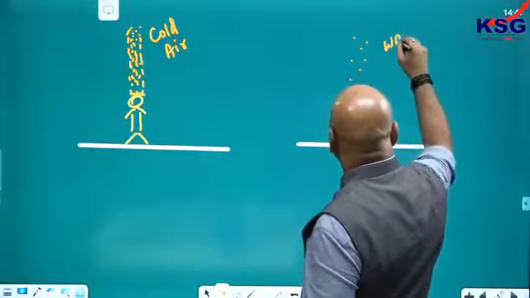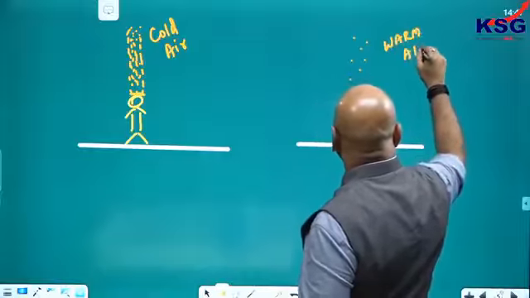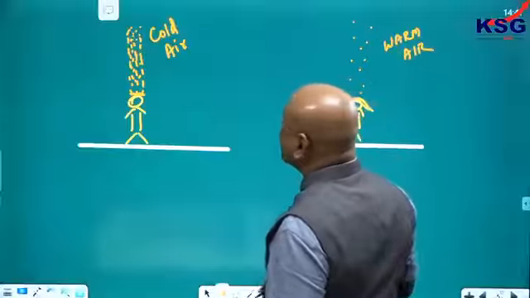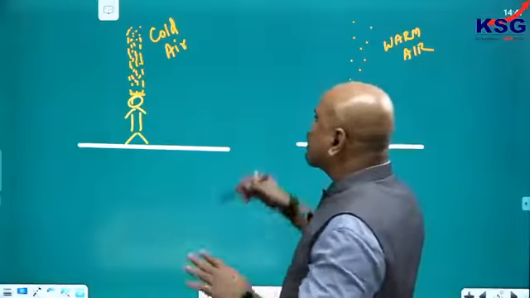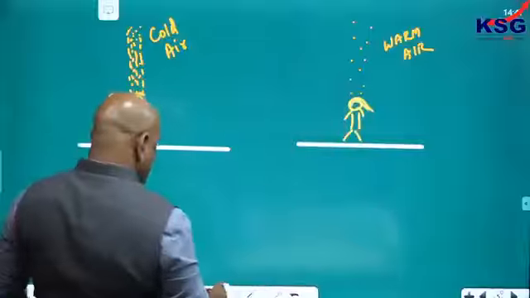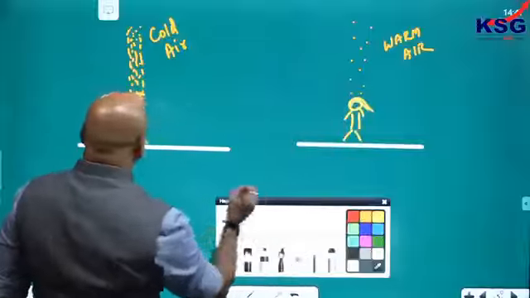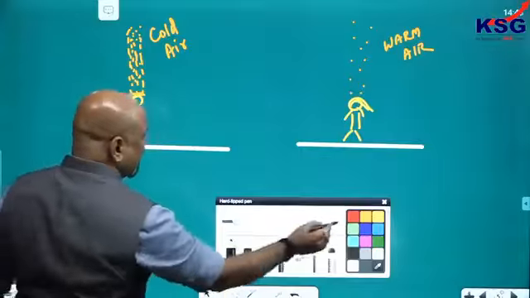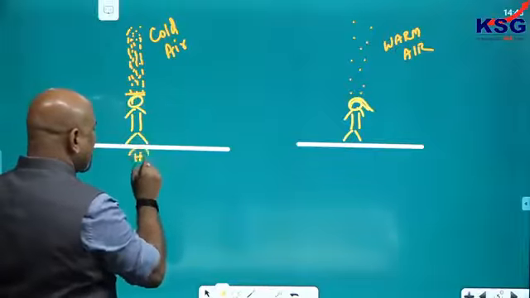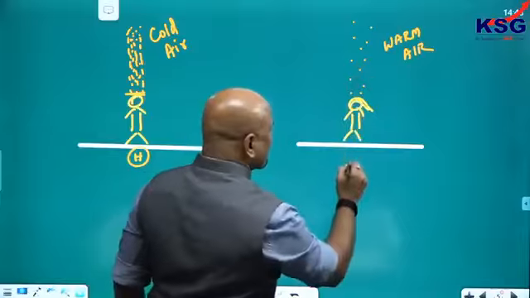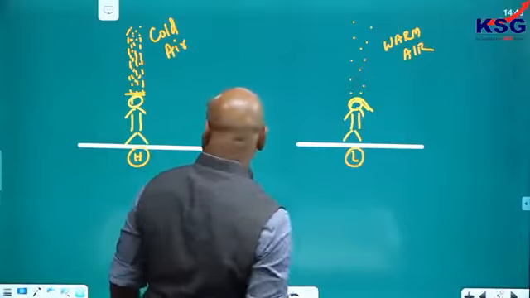This is warm air, so particles are very widely spaced. So here weight will be less. Because of more weight here, we have the highest pressure, and here weight is less, so the lowest pressure will be here.